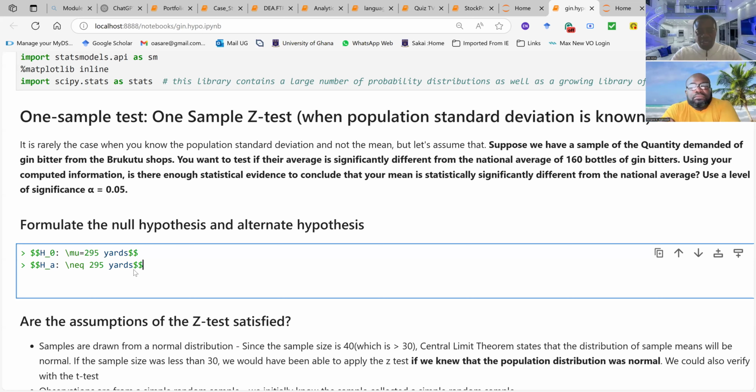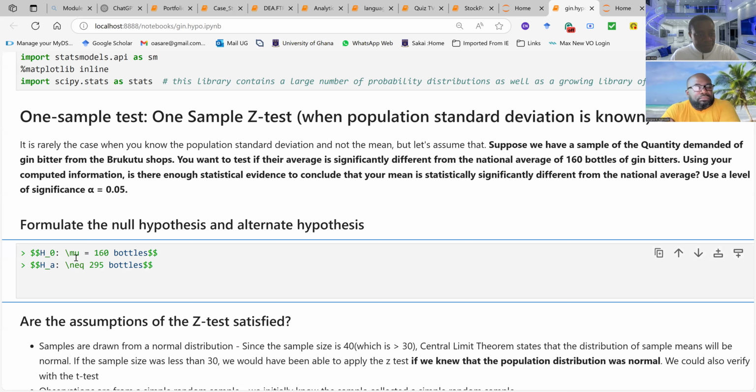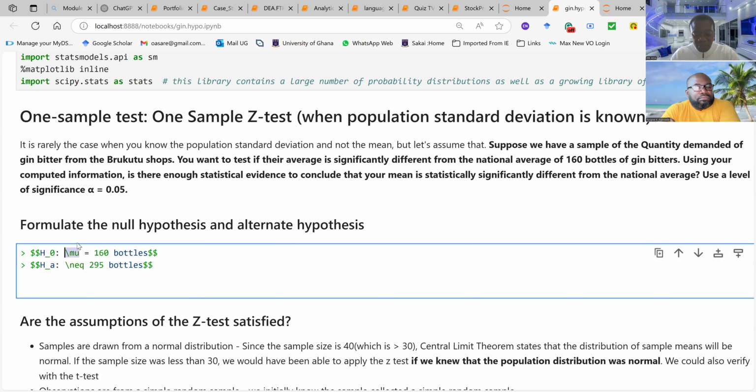And then check the results. So there you go. I'm supposed to have the mu here.